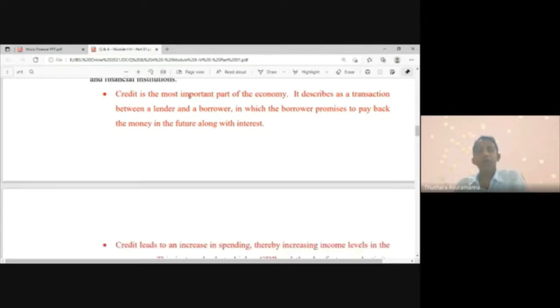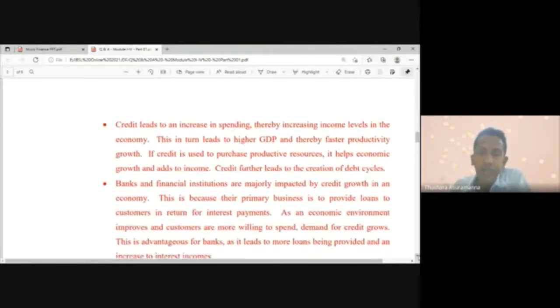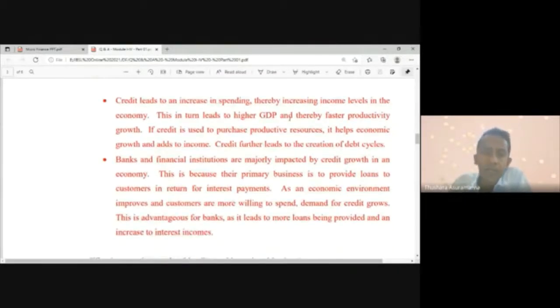Credit is the most important part of the economy, described as a transaction between the lender and borrower, in which the borrower promises to pay back the money in the future along with interest. So that describes what credit is, and the importance of credit as part of an economy. Increase in spending leads to an increase in income levels in the economy. This in turn leads to higher GDP and thereby faster productivity growth.